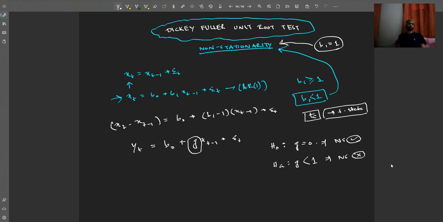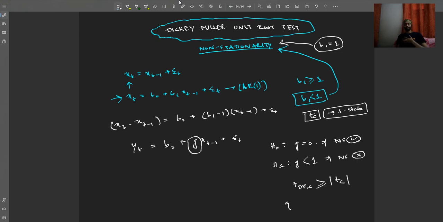That is, the model is valid. Now, how do we test whether the g is equal to 0 or not? Obviously, there is something called t-statistic for Dickey-Fuller test. And the critical value of this is greater than the absolute values of the t-critical values in normal t-stats tests. Right? So the absolute values are greater.